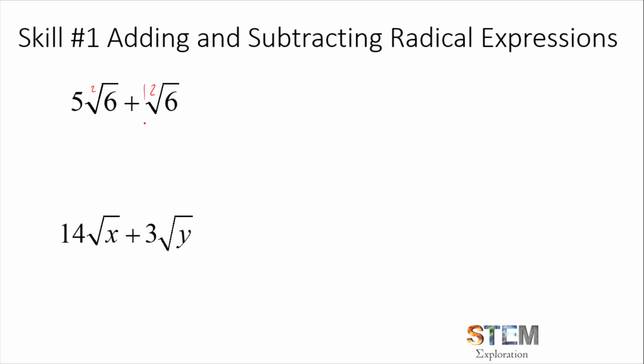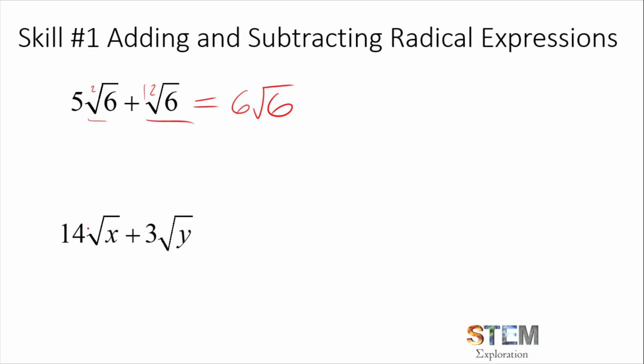Whenever the radical portion of an addition problem is the same, we can simply add them together. We can say 5 plus 1 is 6, so in this situation we have 6 square roots of 6. And this applies to any addition or subtraction situation of radical expressions.